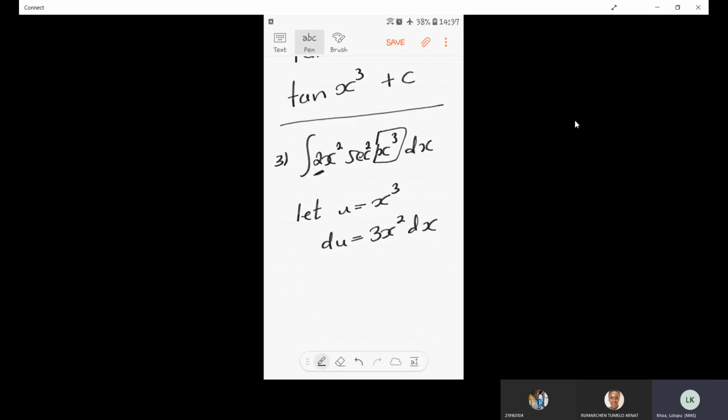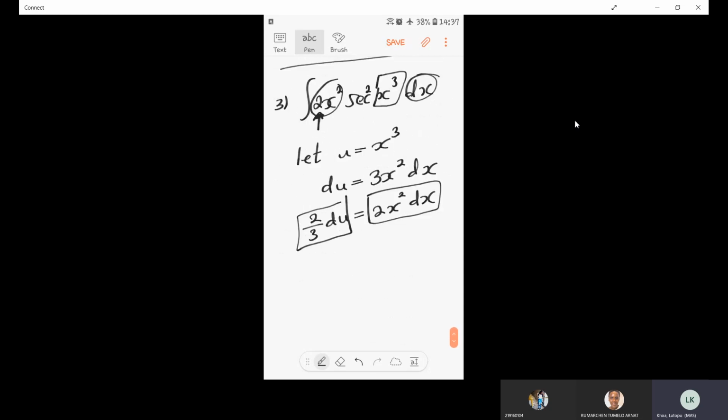But what I have over here is a 2, so I can multiply both sides by 2 over 3. So 2 over 3 du is equal to 2x squared dx. Now I have the 2x squared dx, which is what I have there, and I will replace it with du.